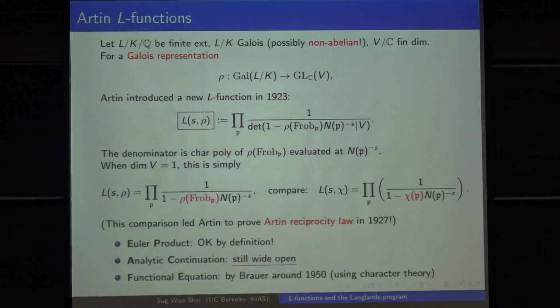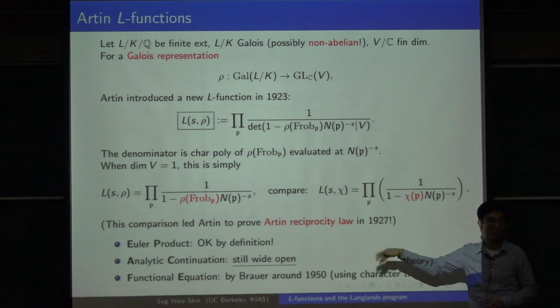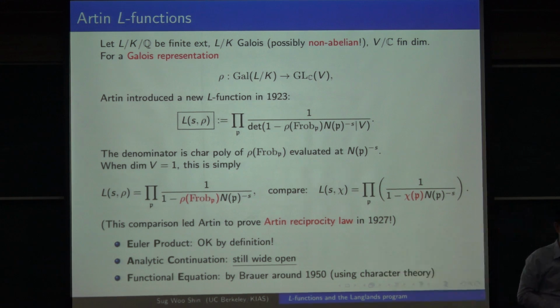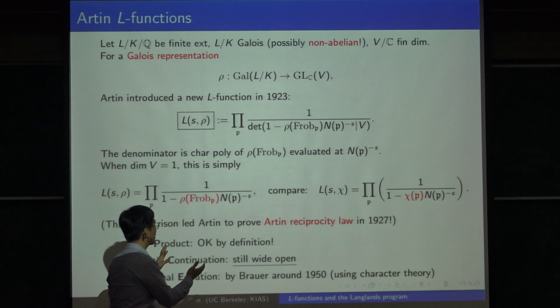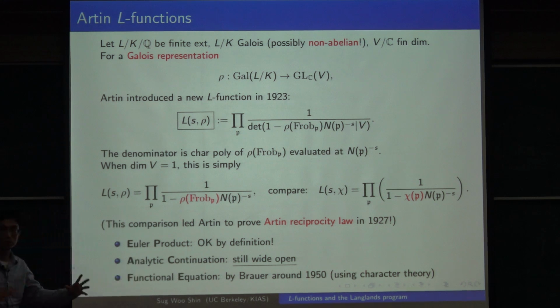But again, what are we interested in whenever we see an L-function? These 3 properties are standard properties we ask of it. For the Euler product, the interesting thing here is that by definition it's true. Before, an L-function was defined as an infinite sum, and you used unique factorization to show the Euler product. Here, you defined it that way. So the Euler product is just fine.